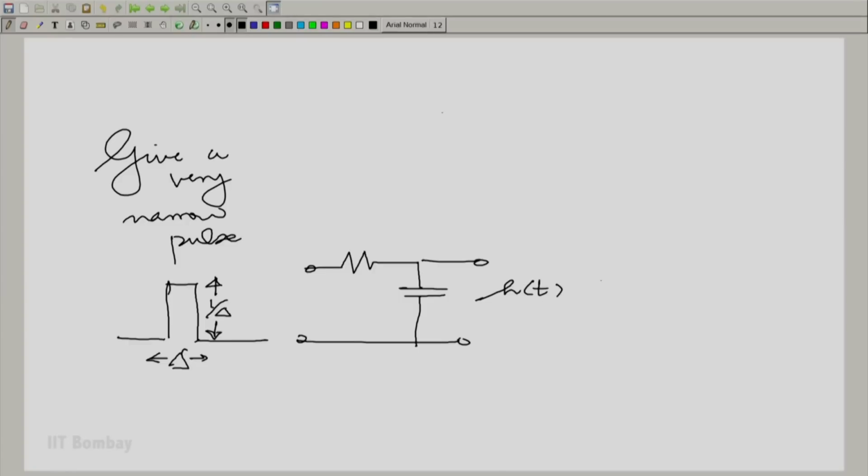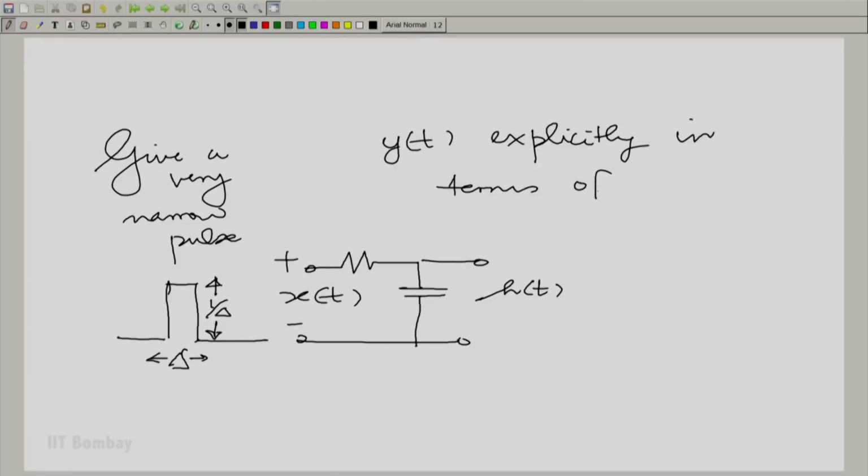The beauty is, we will show later that we can write y(t) explicitly in terms of x(t) and h(t), provided delta goes towards 0. So in a way, what we are going to do in the next few sessions is to make it evident to ourselves that many real life problems give you implicit relationships, but you want the relationship to be explicit.